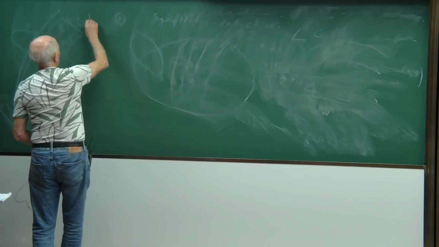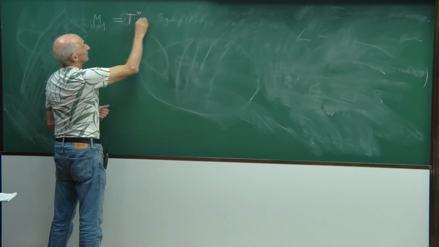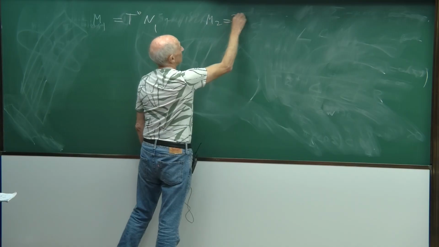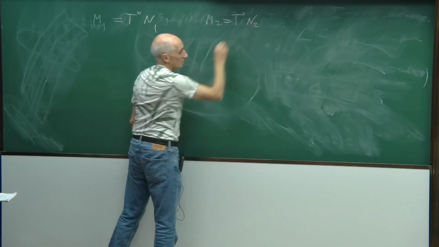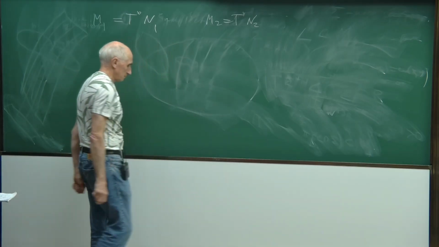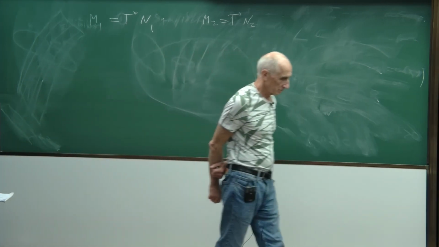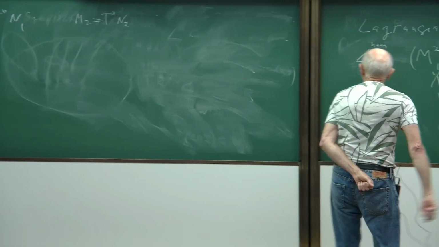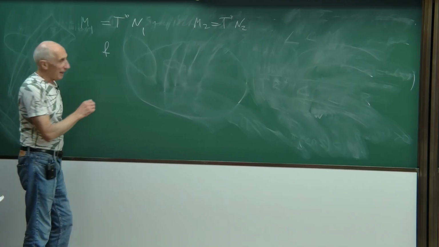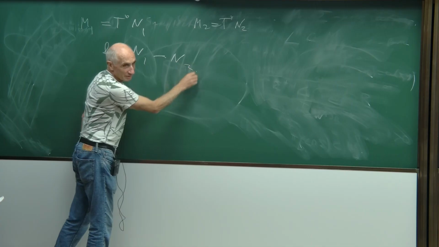Suppose M1 and M2 are cotangent bundles of two other manifolds: M1 is the cotangent bundle of N1, and M2 is the cotangent bundle of N2. Now, take any map of N1 to N2, any smooth map.